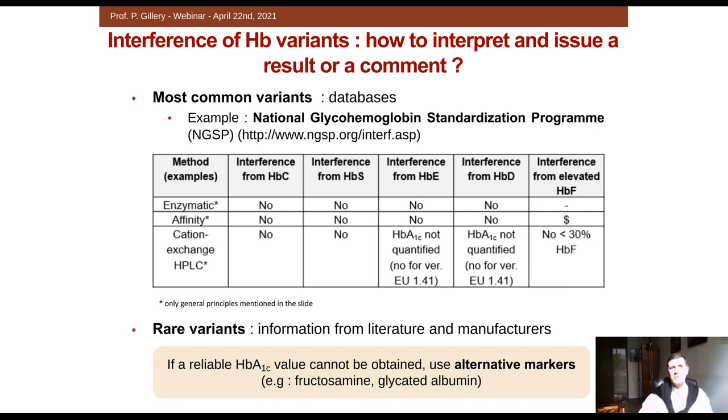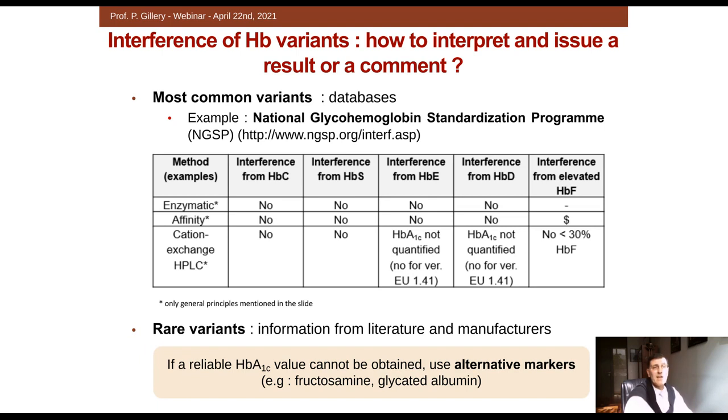In order to address this concern, how to interpret and issue a result or a comment if it's not possible to have a result, for the most common variants, there are databases which can help us. For example, the database of NGSP, the National Glycohemoglobin Standardization Program, which gives very interesting information about the most common interferences.